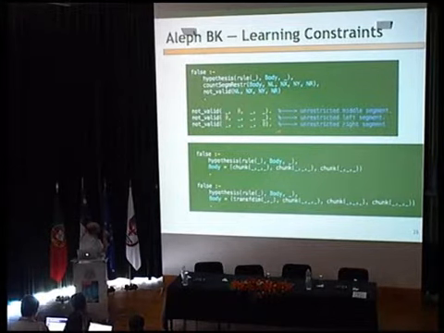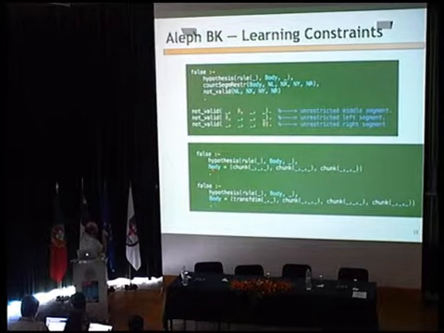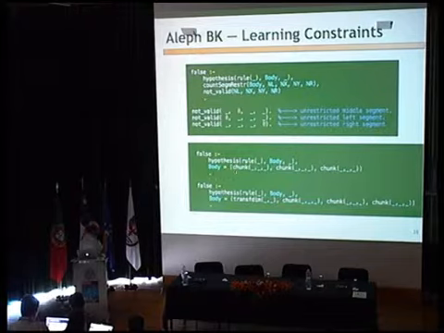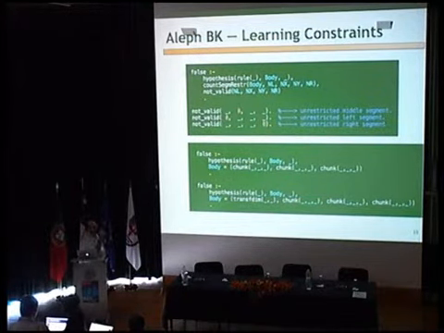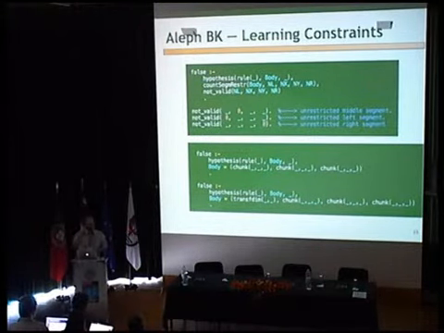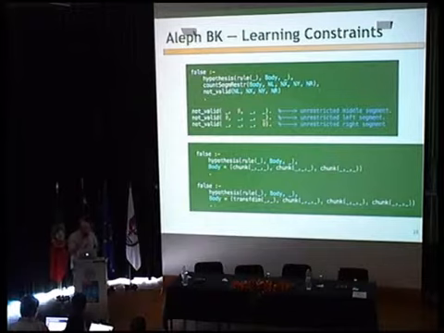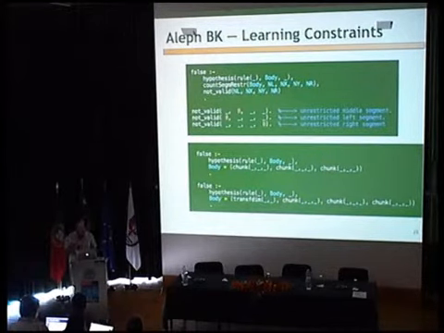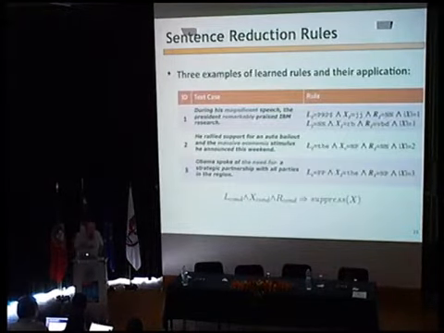And in this block below, we are stating that we don't accept rules in which the body is formed exclusively by chunks and transformation dimensionality. So we can even improve this set of learning constraints in order to improve the quality of the rules generated.